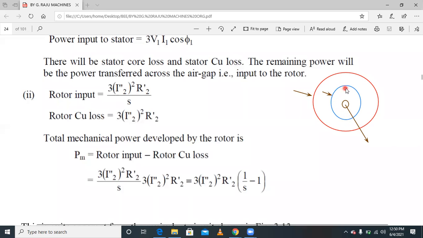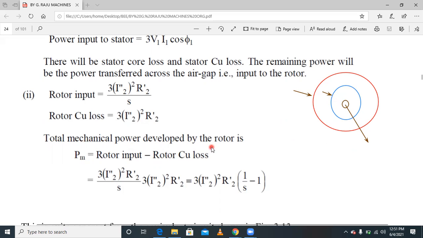In a slip ring induction motor it is winding, but in a squirrel cage it is copper conducting bars. So the rotor input minus these losses is the mechanical power developed.